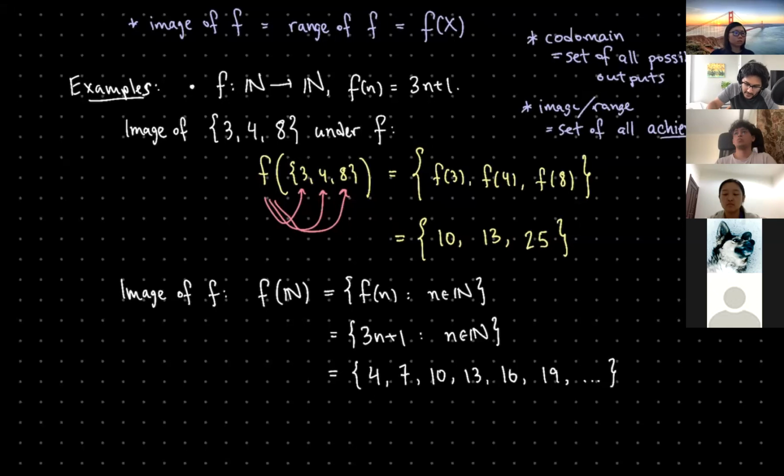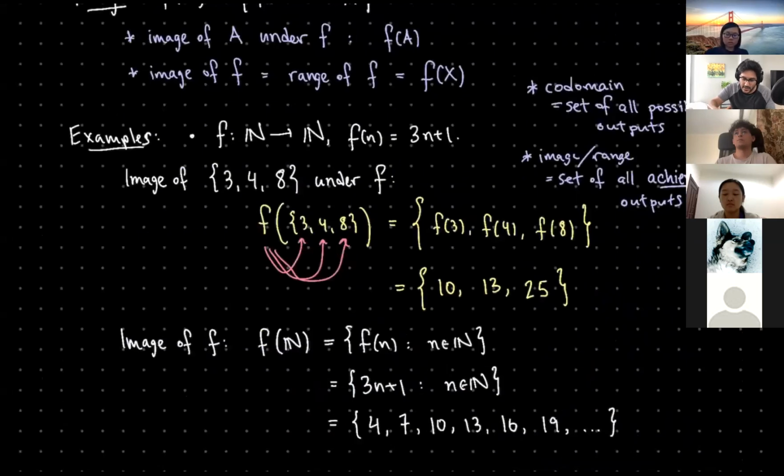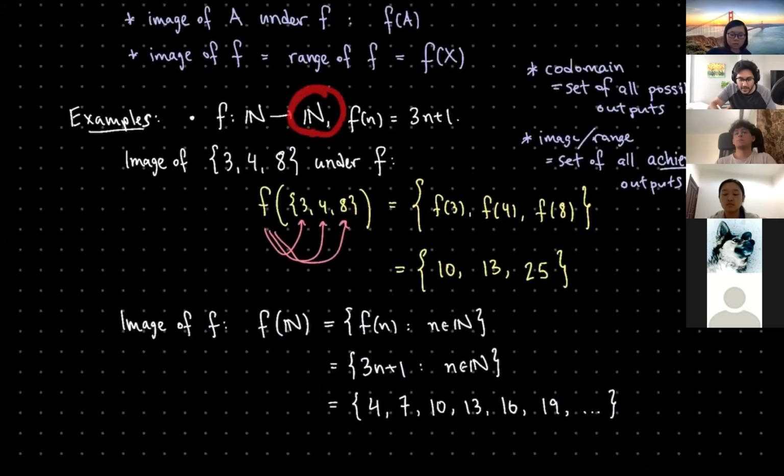And you might think the difference is kind of unclear there, but the point is that in this example, the codomain was all natural numbers, right? And the domain was also all natural numbers. But not every natural number can be reached.